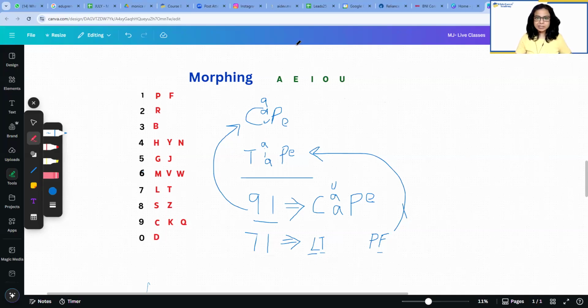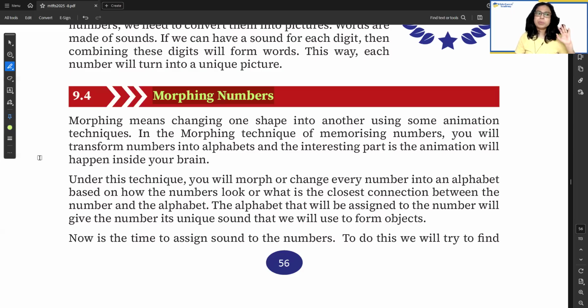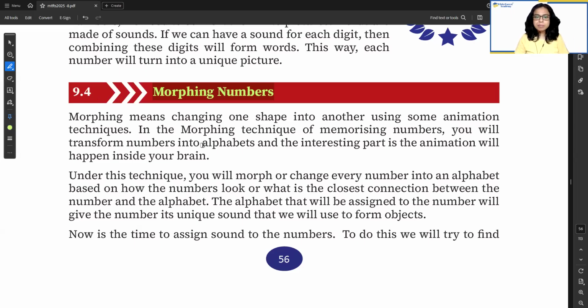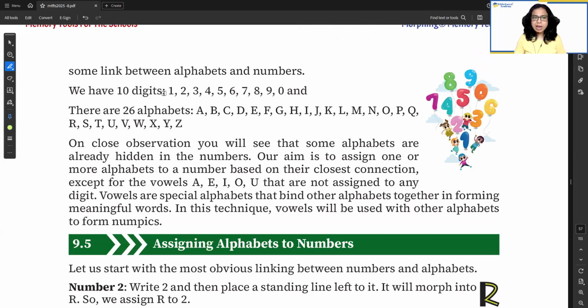So let's do a simple exercise, which is there in our book itself. Here is a book and everything is there in the book, guys. Read it, you will be able to understand. Morphing numbers: there are 10 digits, 1 to 0, and 26 alphabets.